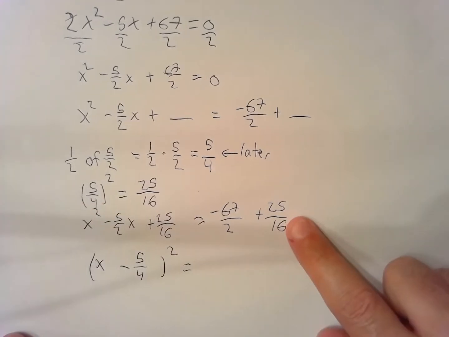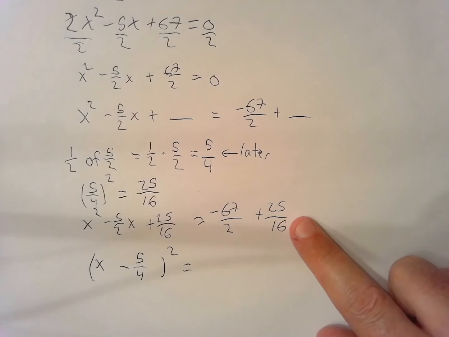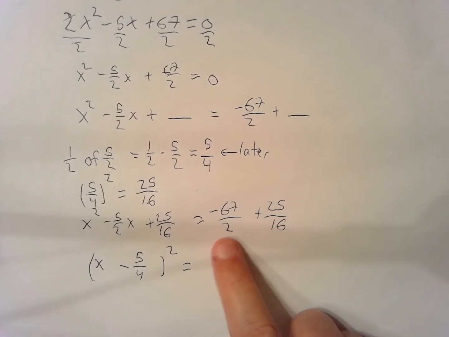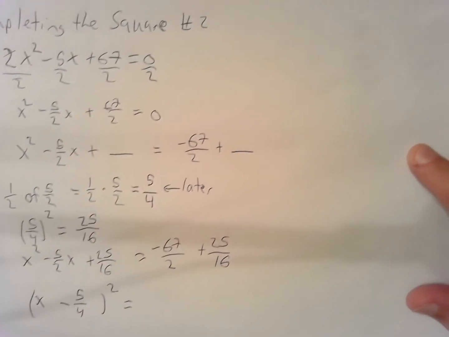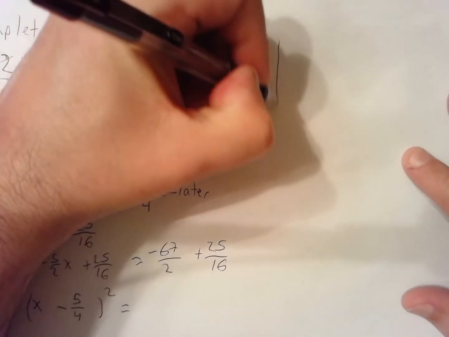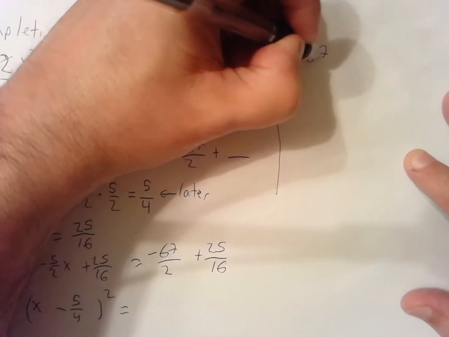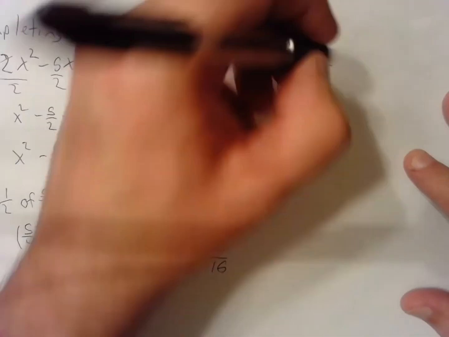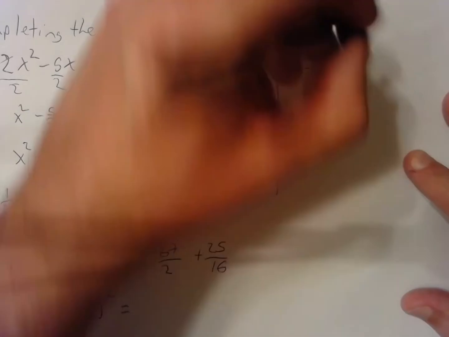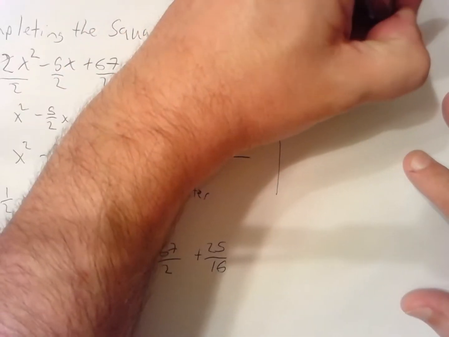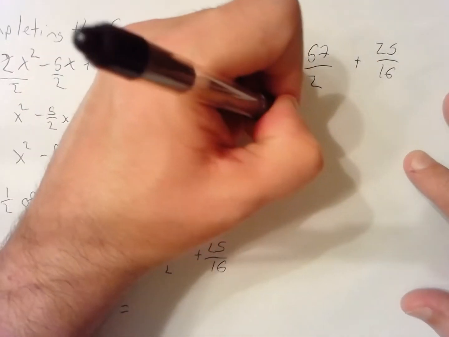Right side's going to be a little worse. We're going to have to get a common denominator here and add these fractions together. So let's do some side work over here on the side. I want negative 67 over 2 plus 25 over 16.